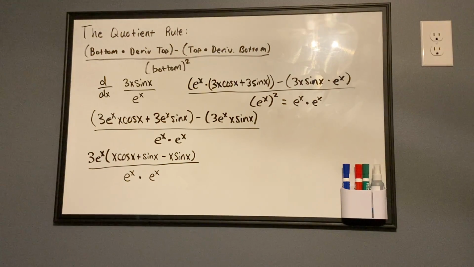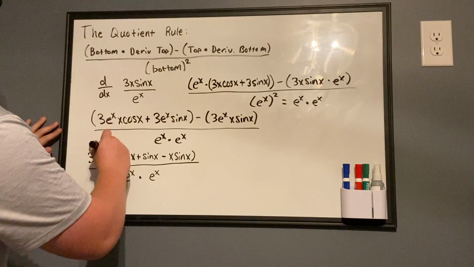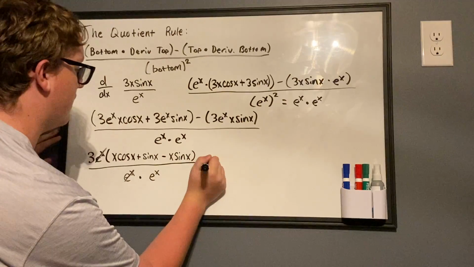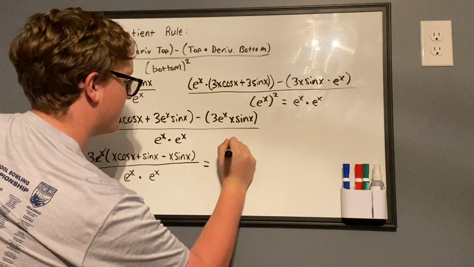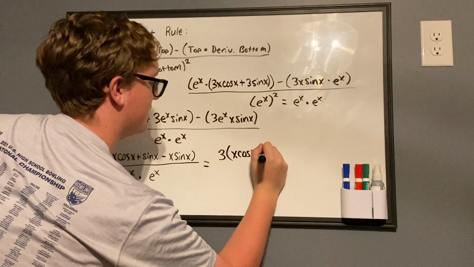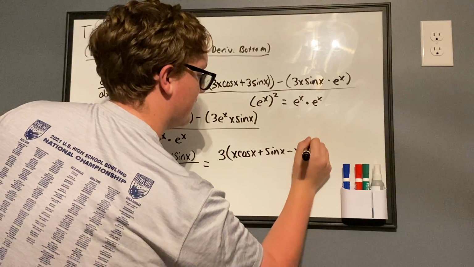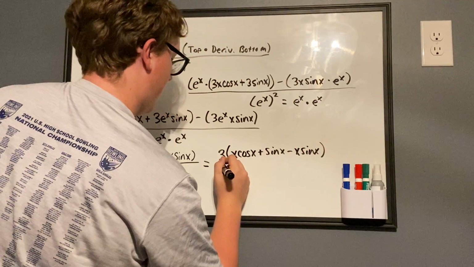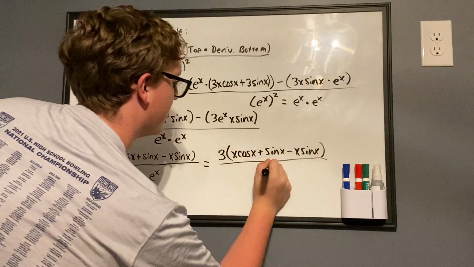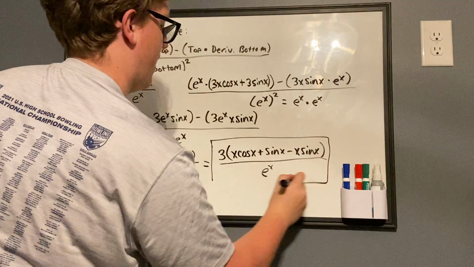Now there's one more thing we can do here. We have an e to the x in the top and we have two of them in the bottom, so we can go ahead and cancel one of them out. So now we're left with 3 on the outside, x cosine x plus sine x minus x sine x, all over, we have one e to the x left down here, so we're just going to put e to the x, and that right there is our answer.